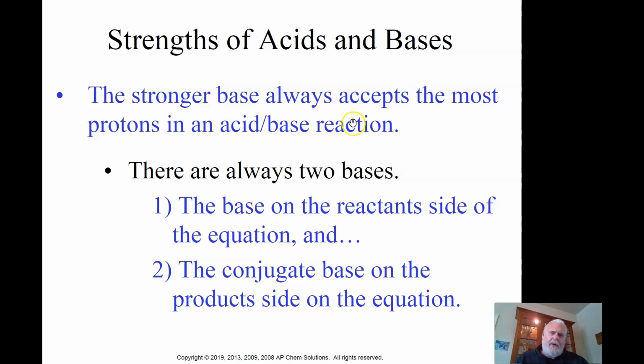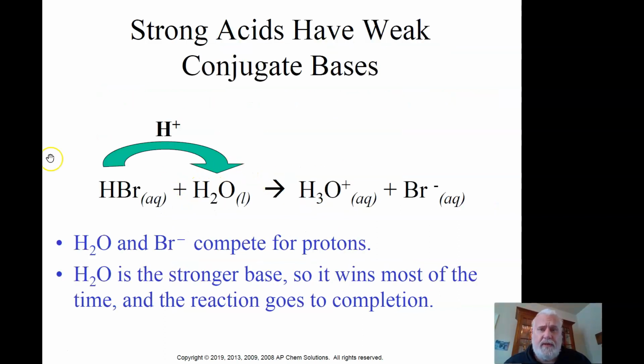All right. Now, one of the ways of looking at this is to think of there always being two bases in these reactions. We had talked about that. There's a base and a conjugate base. So if you look at this reaction, in competing for protons, okay, so the proton is going to go one place or the other.